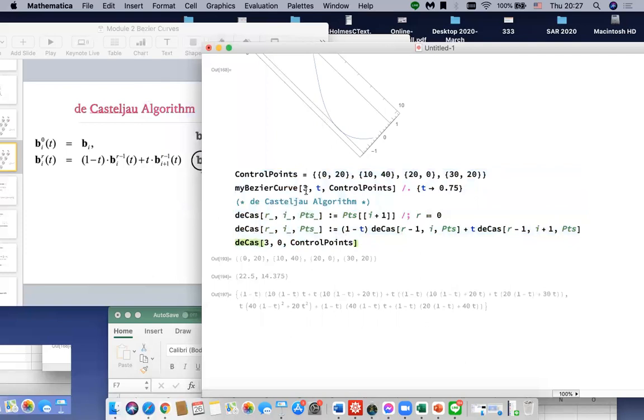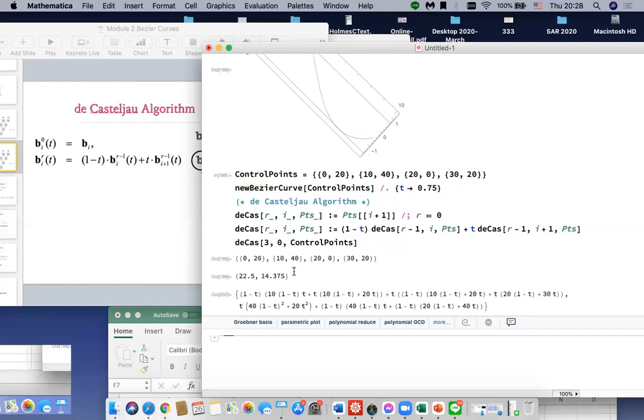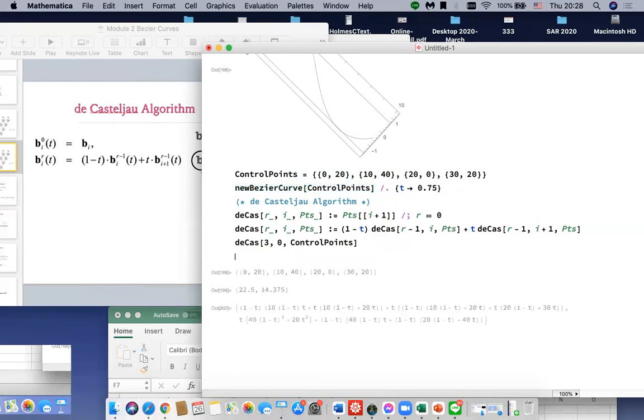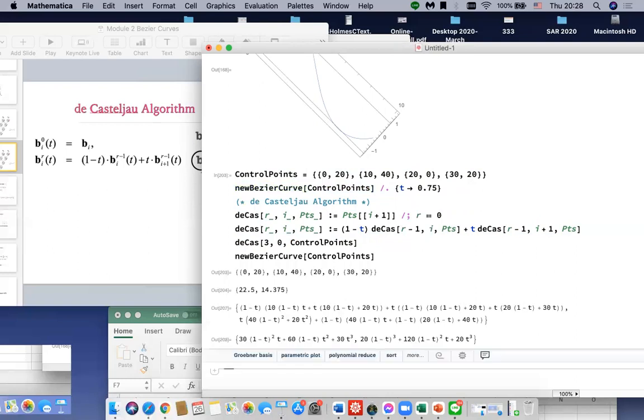We have the cast, and actually here we can change to new. Next we want to check whether the cast here and the new Bezier curve are the same. Are they the same?